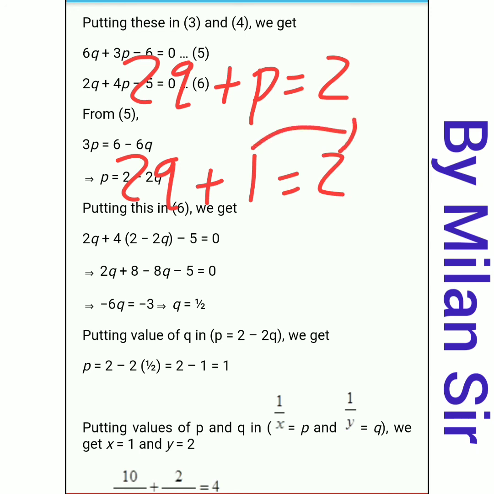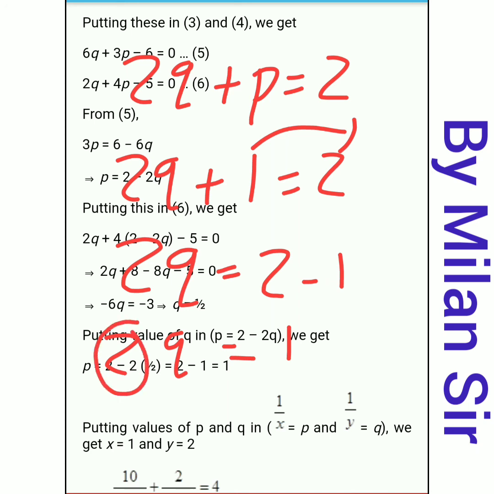Now transfer this 1 to the right hand side. So 2q as it is, 2 already we have. If we transfer plus 1 to the right hand side, it becomes minus 1. So 2q is equal to 2 minus 1, which is 1. Now for finding the value of q, transfer this 2 to the right hand side, it goes to the denominator. So q is equal to 1 by 2.